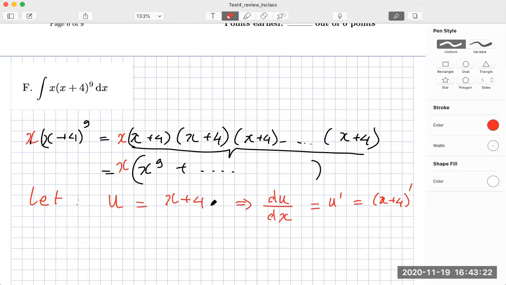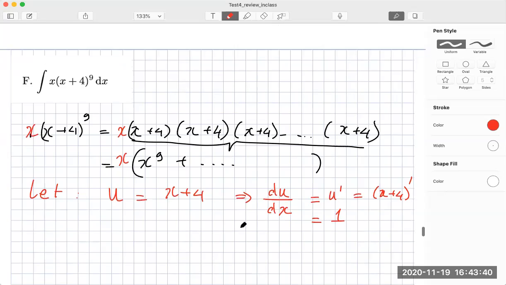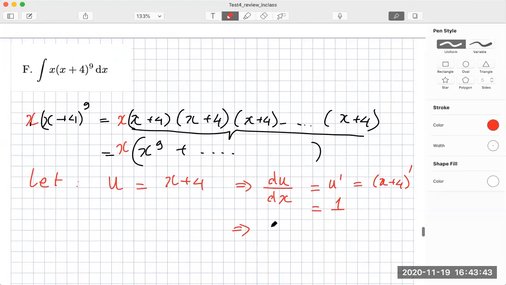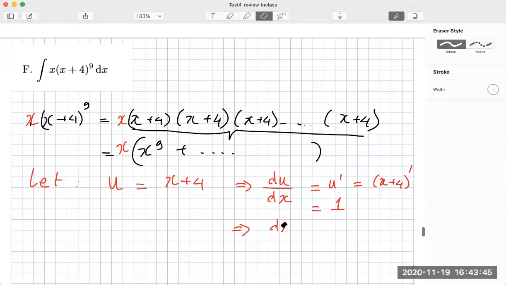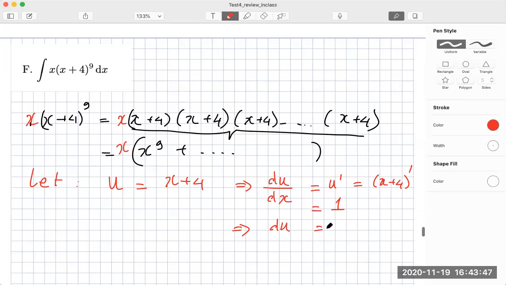U prime will be x plus 4 prime, which gives us, what is it? 1. Very good. Du over dx is 1. Therefore, du will be equal to dx, right?